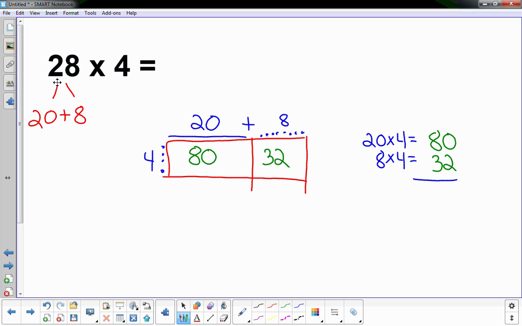And then you can see where this is going in the future for the students to move towards that standard algorithm method that most of us grew up with. We just add these partial products. That's what they're called. 112. So the answer to this is 112. Let's try another one.